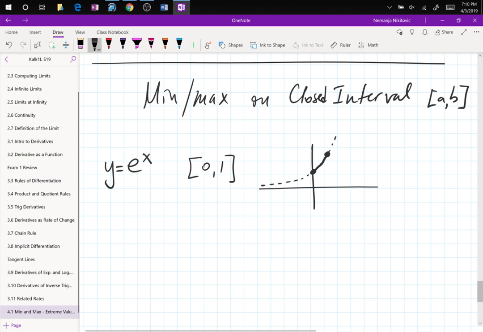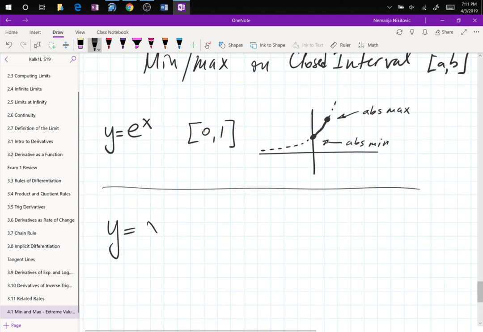But as soon as I restrict that one to 0 to 1, and I throw away the rest of the function, I have the beginning and I have the end of the function at a and b, and those points immediately become min or max. Or you might have a min and a max inside. So now I have a min, which is the absolute min, and I have the absolute max on a function that before did not have anything.